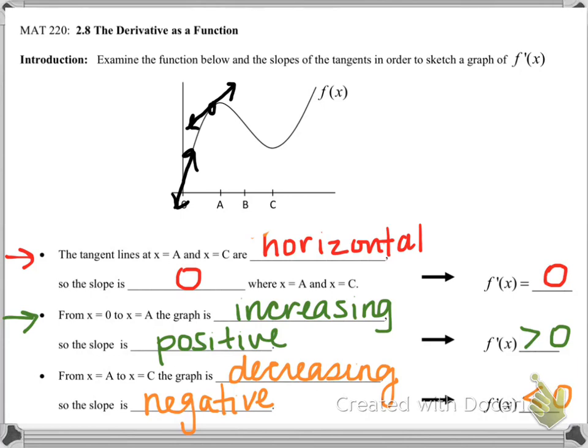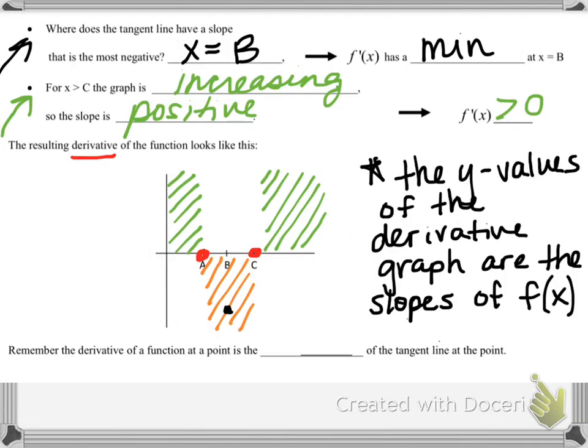So my slopes, although positive, are actually decreasing. Coming back to my derivative graph, that means my y values are going to start out really positive, and then decrease and come to this x-intercept.